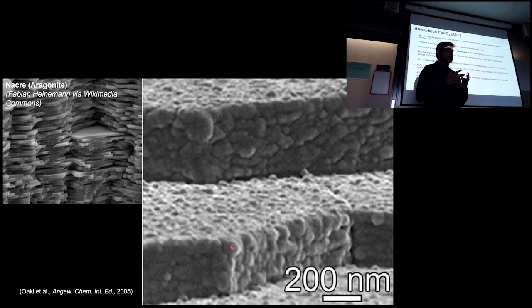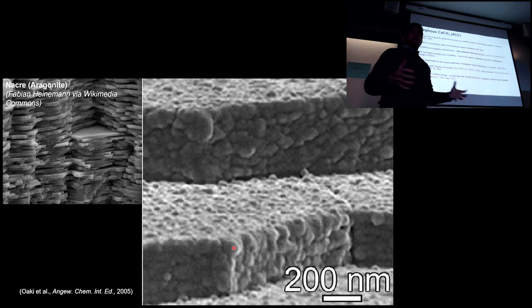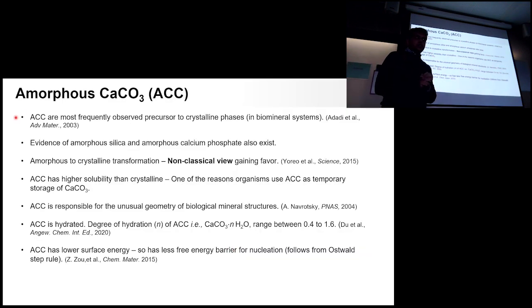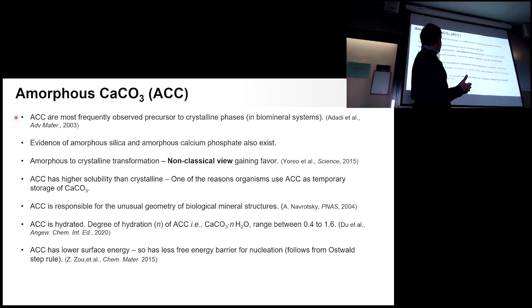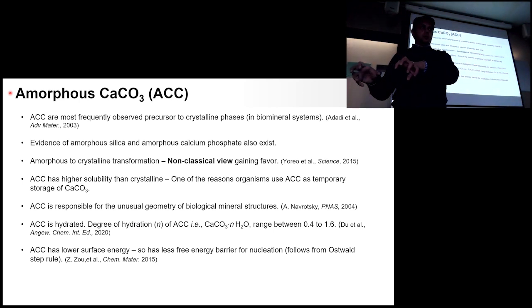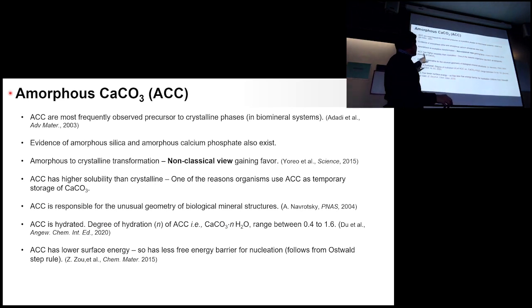This is a very important finding in the field, because we always thought we knew a lot about crystallization, but in nature crystallization happens through an amorphous to crystalline transformation, and not through ion to crystallization.